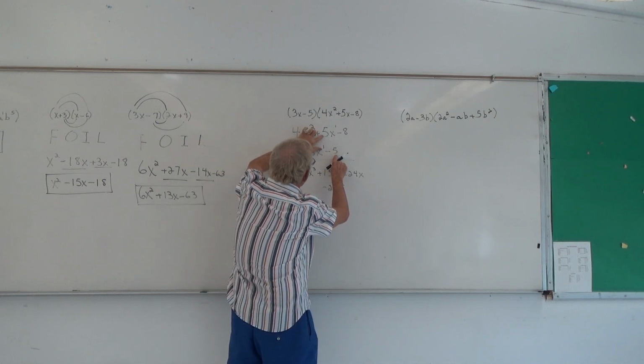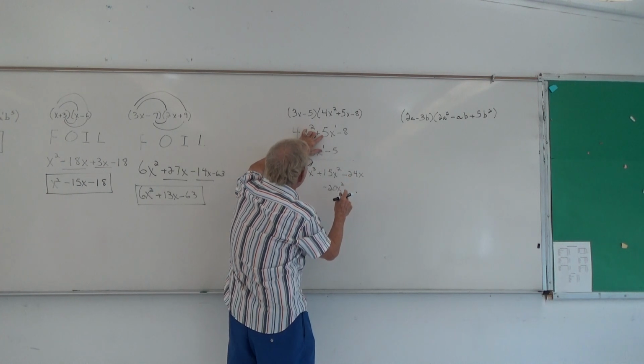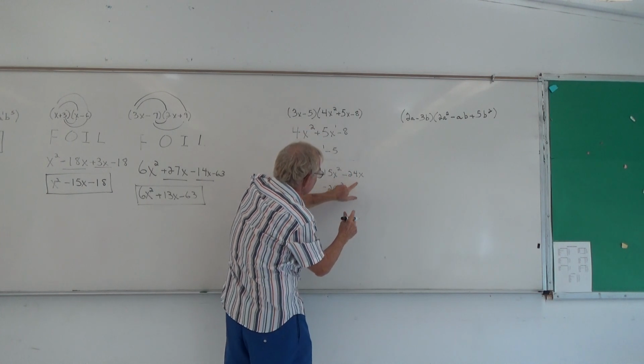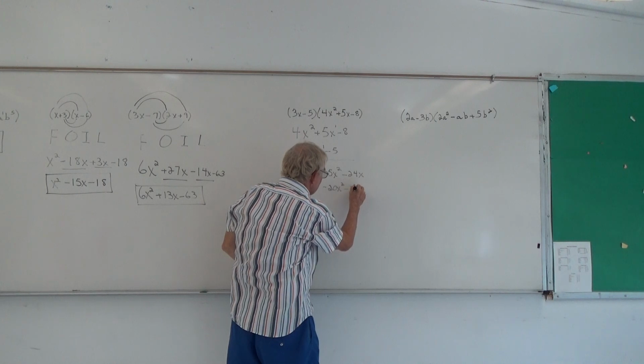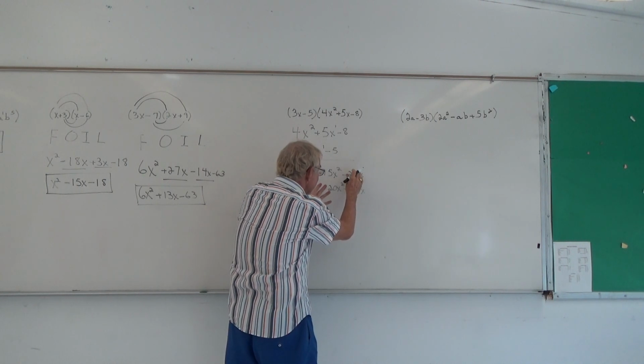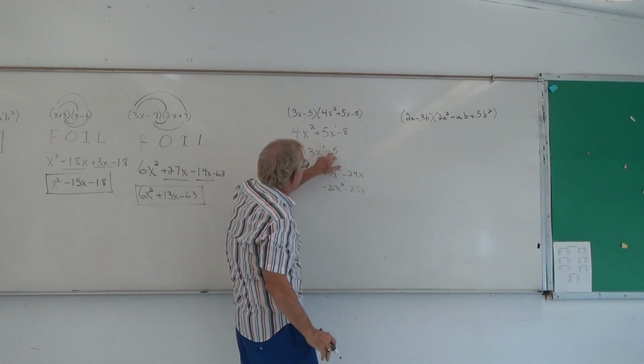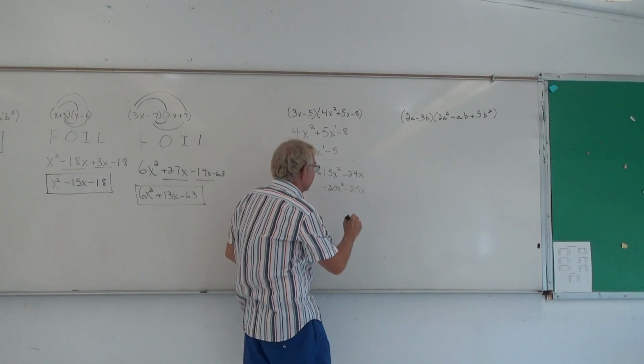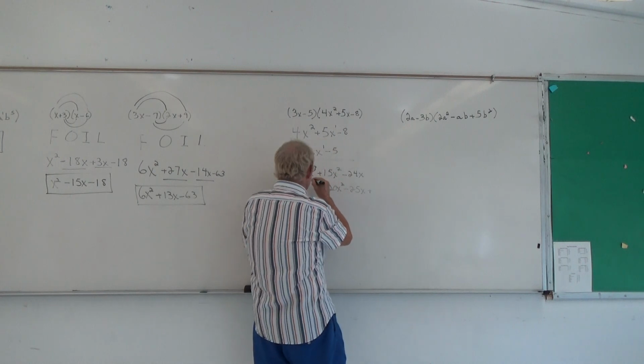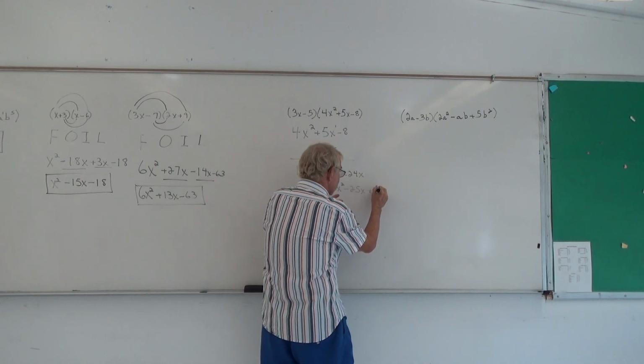Negative 5 times positive 5x would be negative 25x, and put that under this x. They're lined up for you to combine. And negative 5 times negative 8 is a plus 40, and there's no constant term above, so you put plus 40.